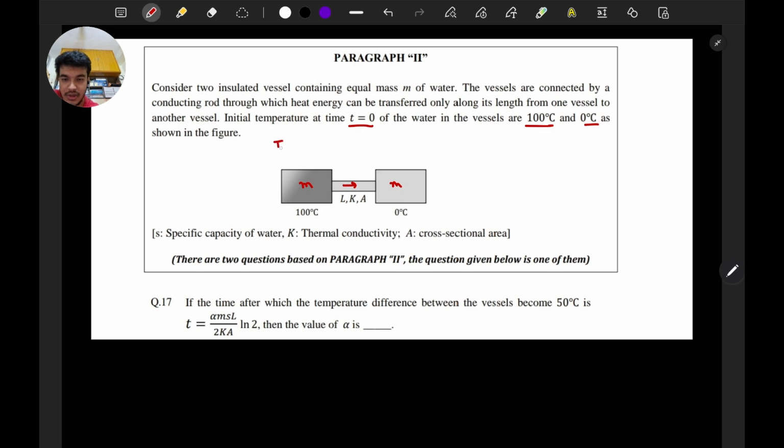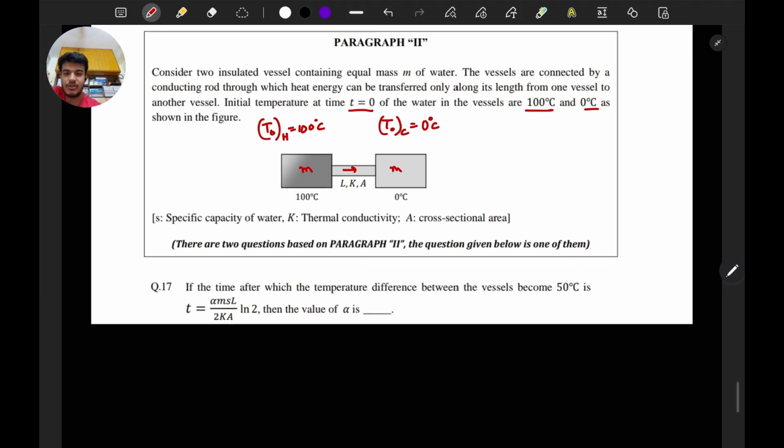So T naught at the hotter side is 100 degree centigrade, and T naught at the colder side is 0 degree centigrade, as shown in the figure.